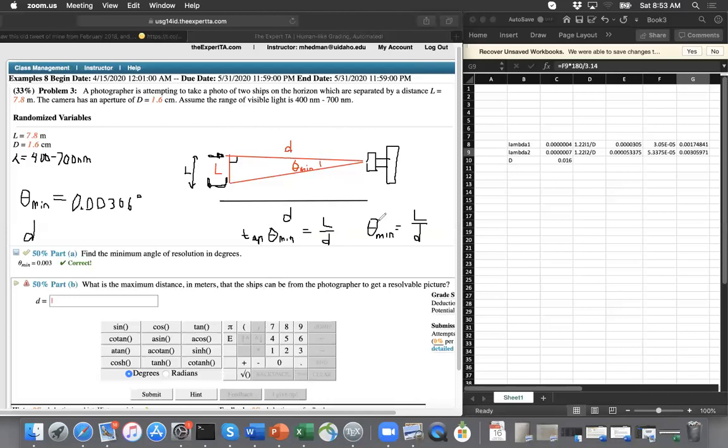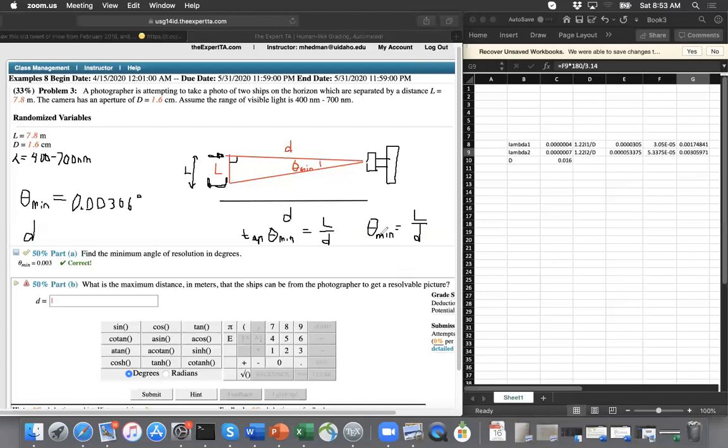If you measure an angle in radians, then it's a unitless quantity, and this ratio is fine. If you have this in degrees, this ratio doesn't work. This only works if you have this measured in radians, which we do over here.